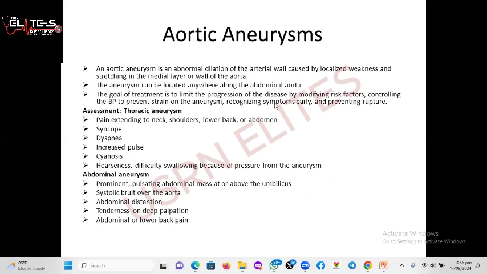When it continues to stretch and interventions are not put in place, it can rupture. When it ruptures, we know what happens when organs rupture within the system. The main goal of treating aneurysms is to prevent the condition from progressing.